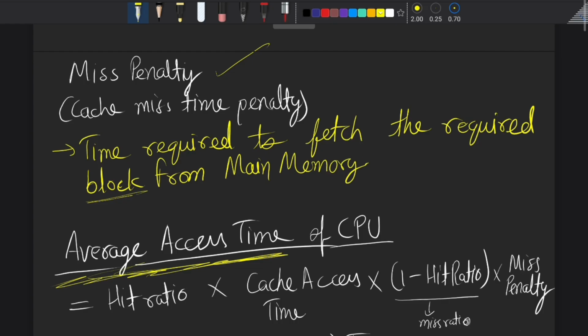It can be calculated by the following formula, that is hit ratio into cache access time plus 1 minus hit ratio into miss penalty. So this hit ratio, as we have already discussed, is simply total number of hits upon total number of hits plus total number of miss.